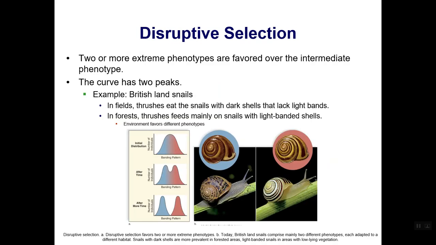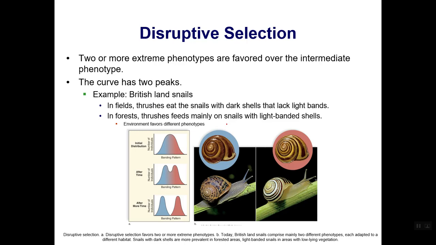Okay, the third type of selection is disruptive selection. This is where there are 2 or more extreme phenotypes that are favored over the intermediate. So what's going to happen is over time, our single initial distribution curve is going to start separating into 2 separate curves. A great example of this would be in British land snails. Those that live in the fields, the birds that eat them are called thrushes.